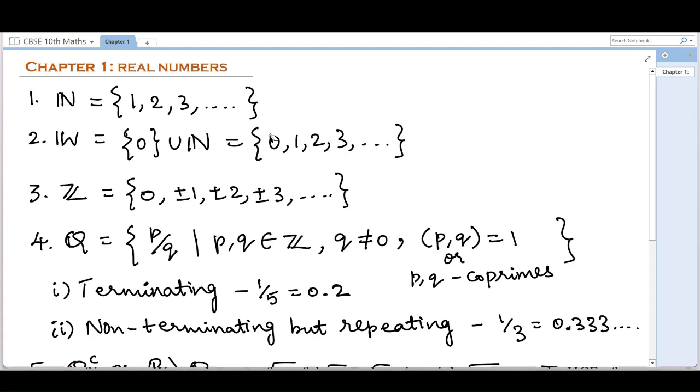The next one is set of integers. So if you consider any positive or a negative number divided by any non-zero integer, again you will be resulted with the numbers of the form p by q. Therefore, all the integers will be considered as rational numbers.